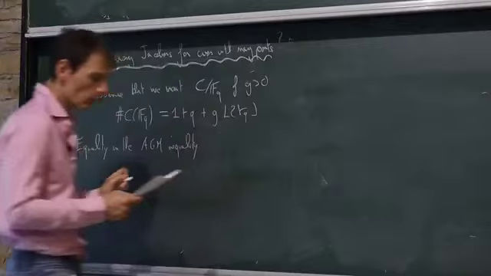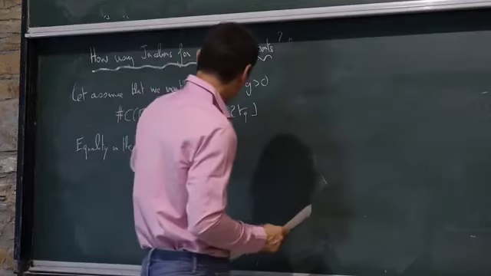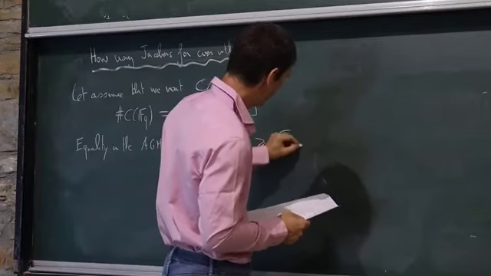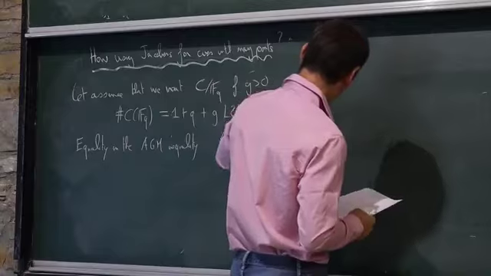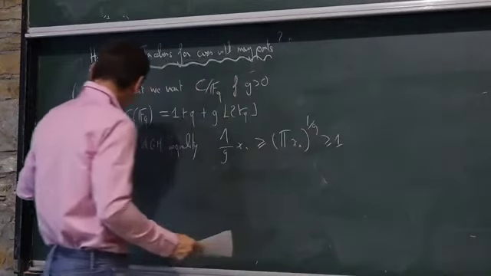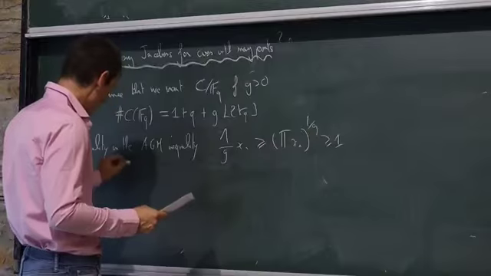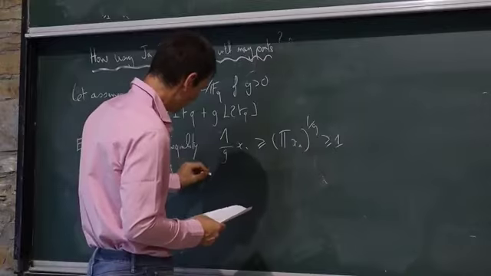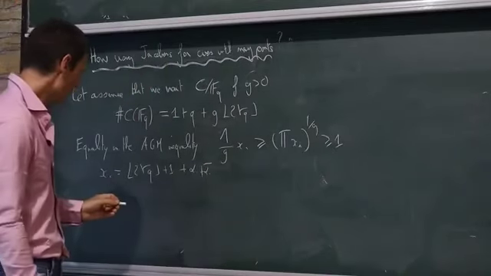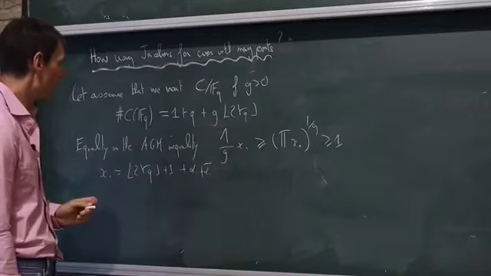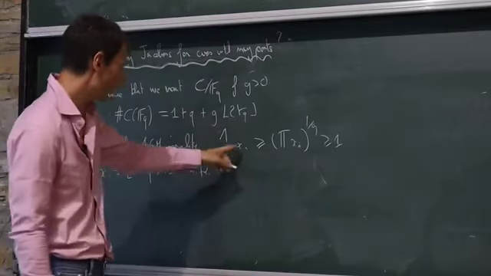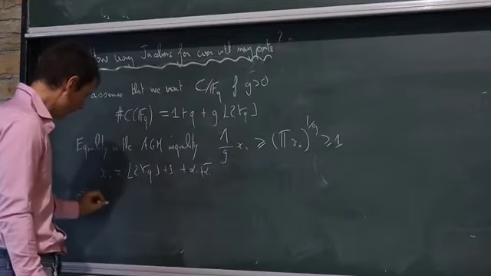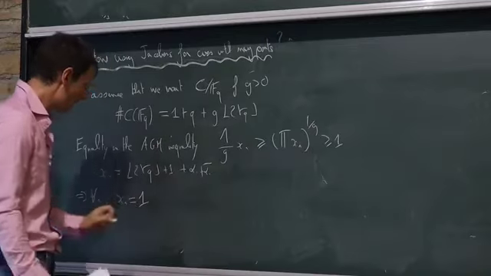And referring to the notations we had at that time, it means that 1 over g sum of xi, which was greater or equal to the product of the xi to the power 1 over g, that was greater or equal to 1, where the xi were just the integral part of 2 square root of q plus 1 plus alpha i bar, we have equality. So equality in the arithmetic-geometric mean inequality imposes all the xi to be equal and all the xi to be actually equal to 1. So for all i, xi is 1.